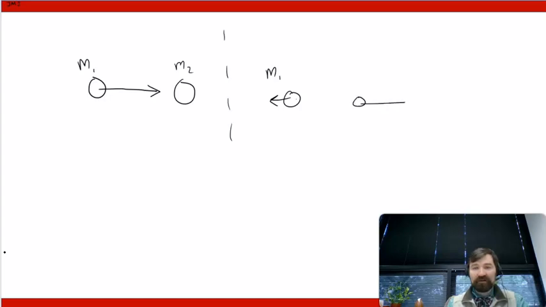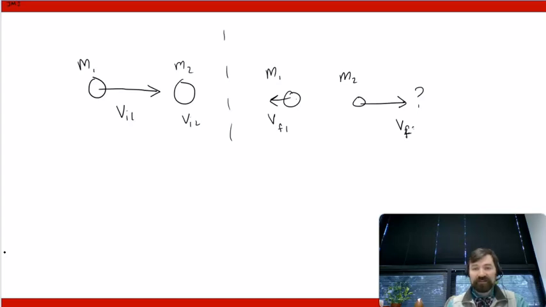A simpler version of that would be, I have one ball and it collides with a second ball, M1, M2. Afterwards, I know what M1's final velocity is, and I don't know what M2's is. So I know V initial 1, I know V initial 2, I know V final 1, and I don't know V final 2.